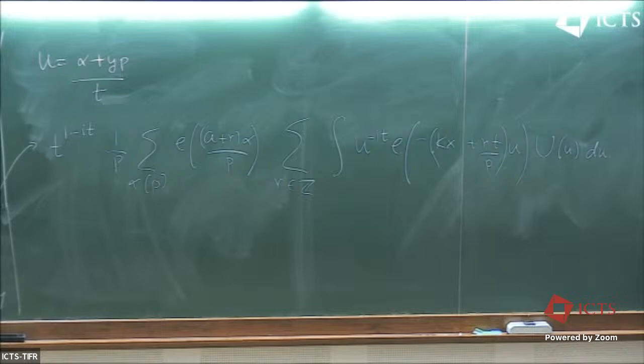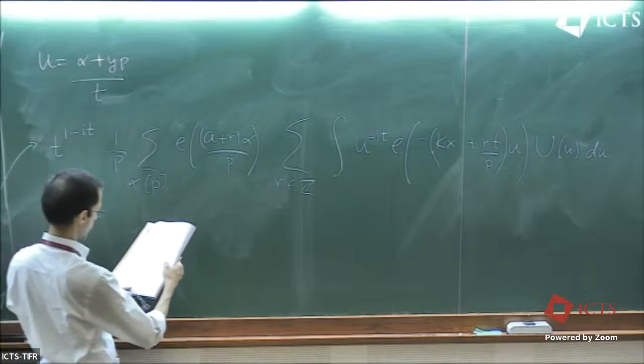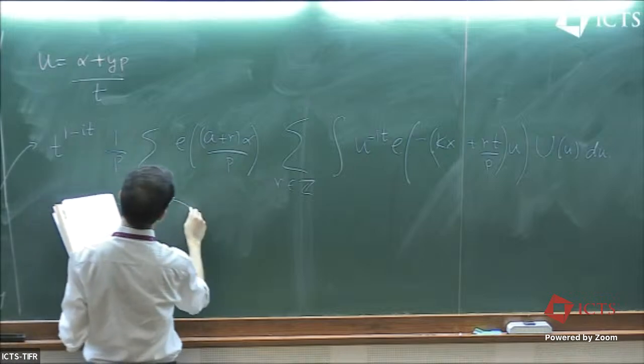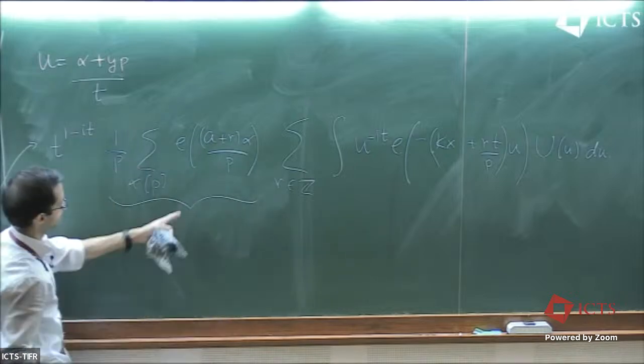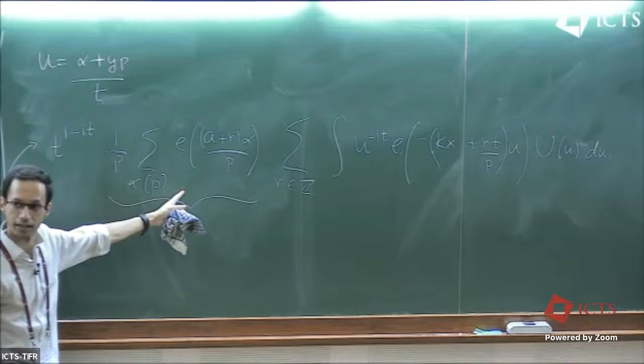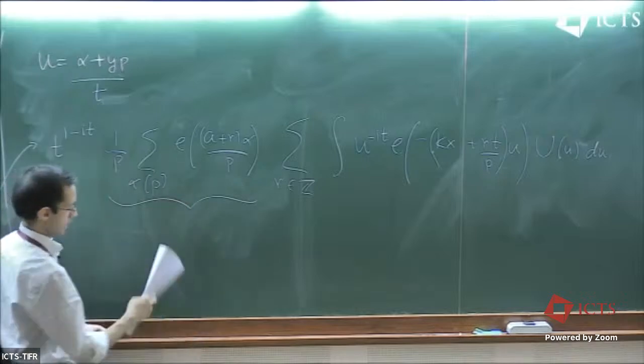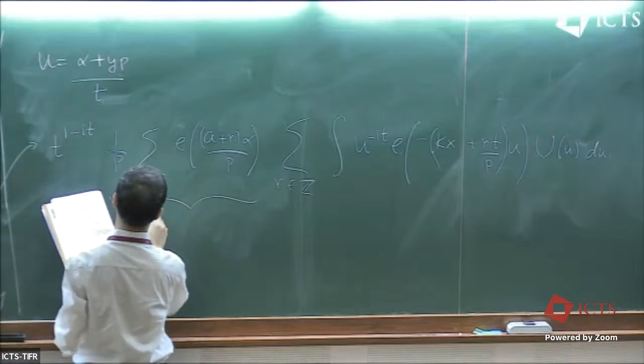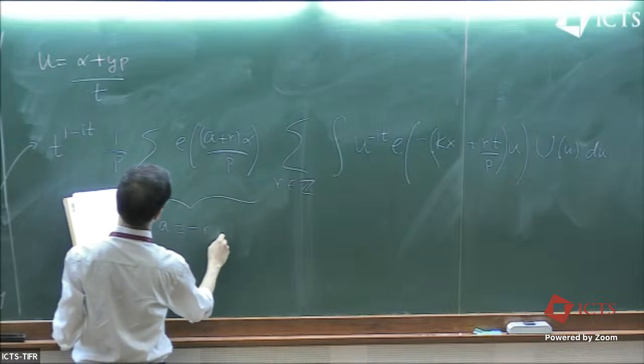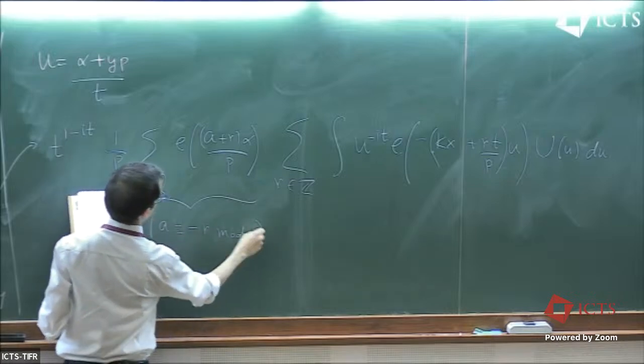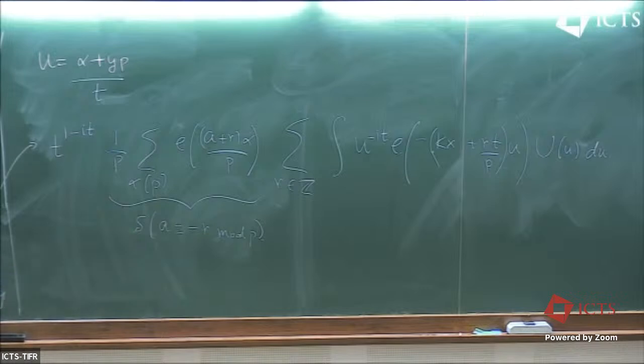And what you get out of this particular p sum is a congruence condition. So this alpha sum modulo p detects a congruence condition. And that's going to be a is congruent to negative r modulo p. Again, missing something?